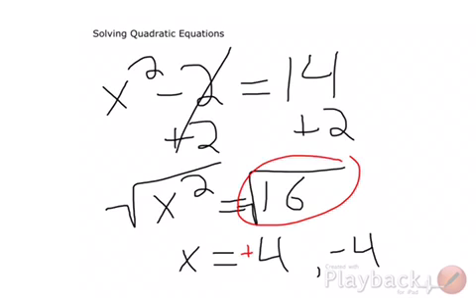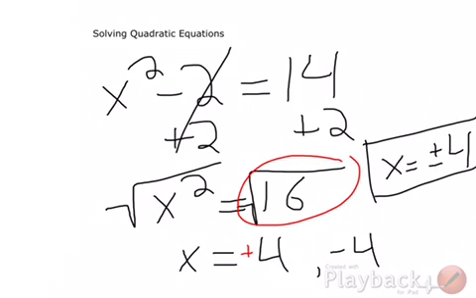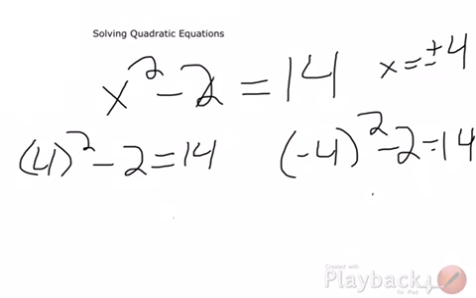So the answer here, written in a little bit more condensed form, would be x equals plus or minus 4. Now, just like our other equations, when we're solving regular equations, we can check our answer. To check your answer, you just plug both of your answers back into the original equation and see if they work.